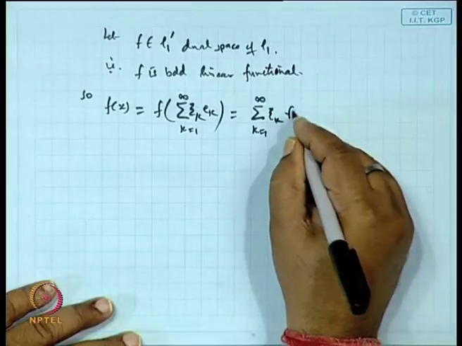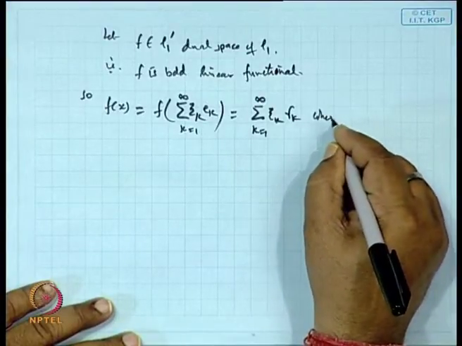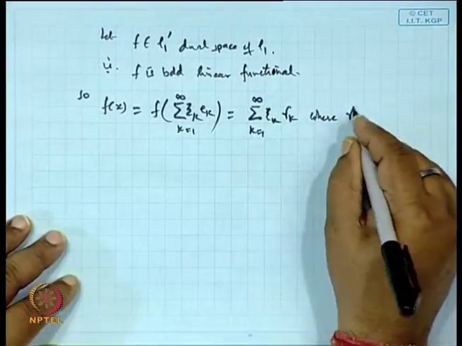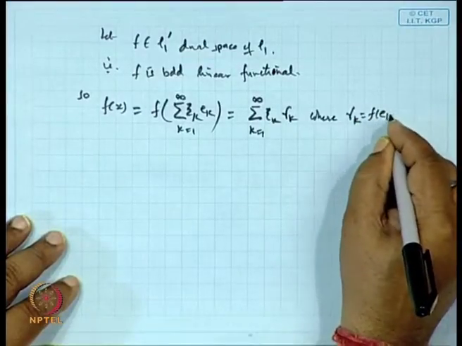Which I am writing as gamma k, where gamma k stands for f of e k.